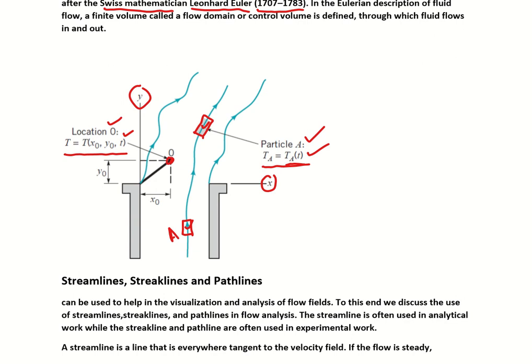But in the case of the Lagrangian approach, since the number of particles is large in fluid mechanics and each particle consists of millions of molecules, we will have a very large number of equations, and it will become very difficult to solve those equations.